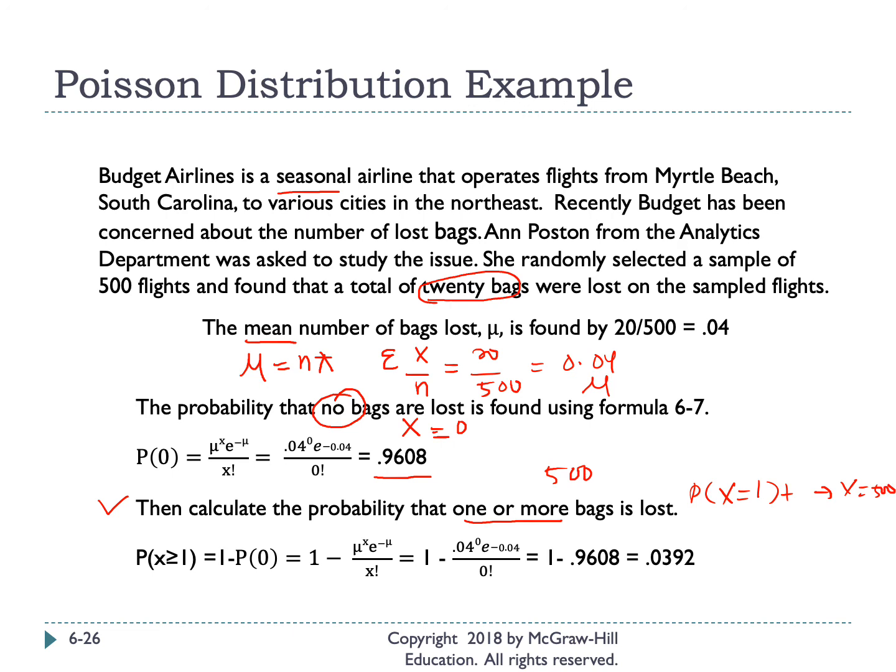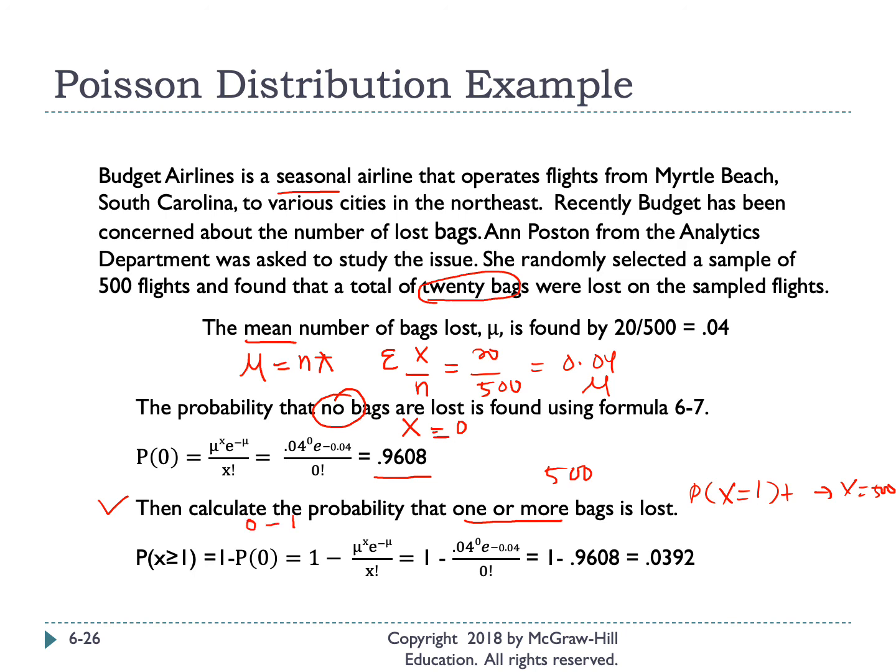It is too hard. So you have a simpler or easier way to do this. Okay, so you can write the probability of x equals to 1 or more, equals to 1 minus the probability of 0. You know that the total probability is 1 and probability ranges from 0 to 1.